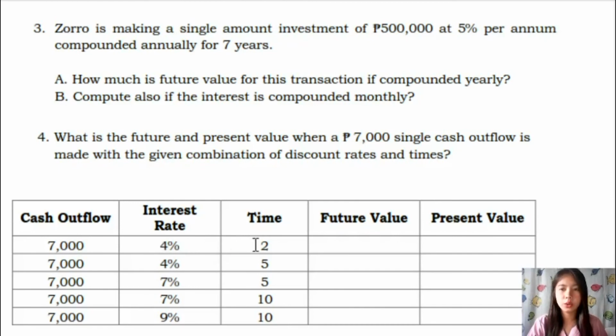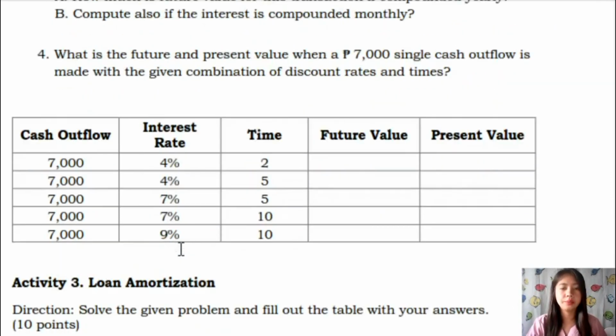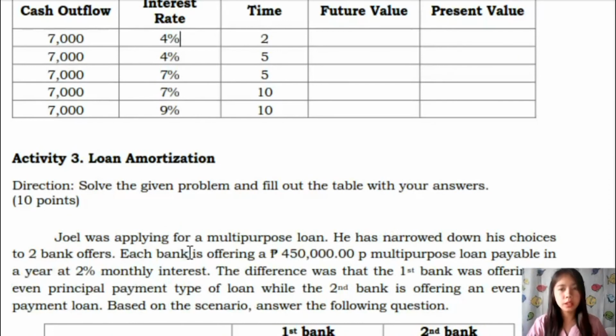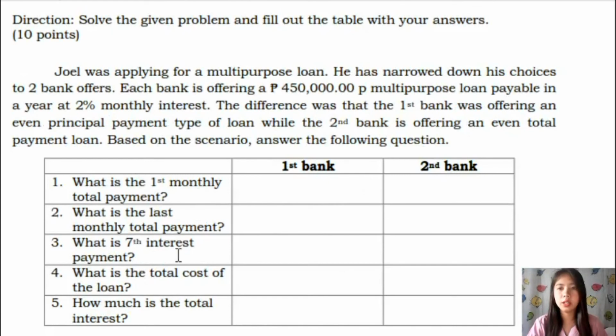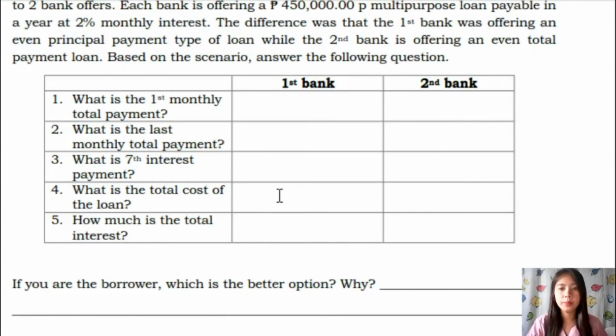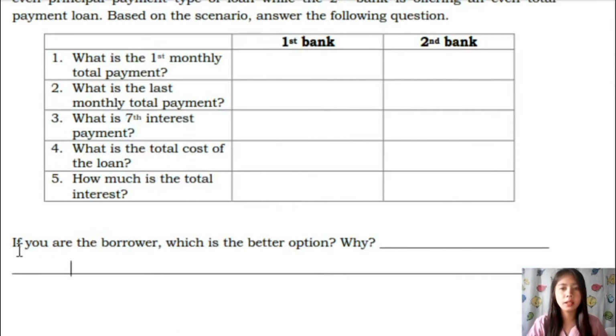Okay, so time, ito po siya, and the interest rate. And for activity 3, for our lesson 3, loan amortization, solve the given problem and fill out the table with your answers. Okay. So these are the tables that you can use. And a simple question, if you are the borrower, which is a better option for you and why?